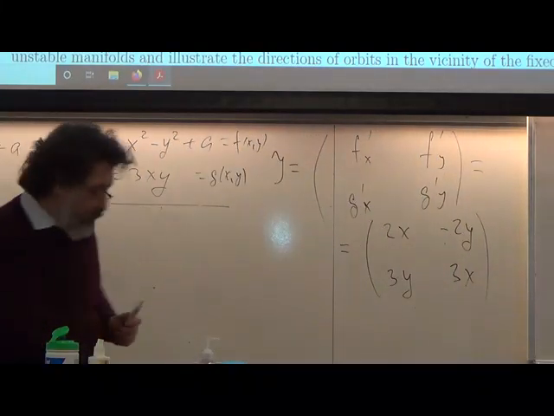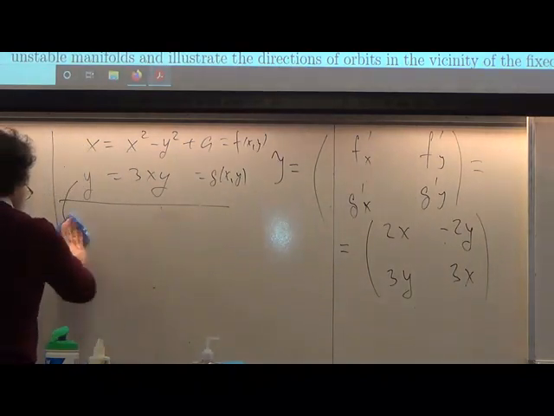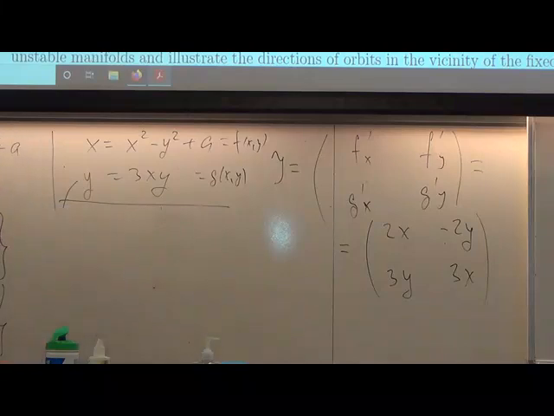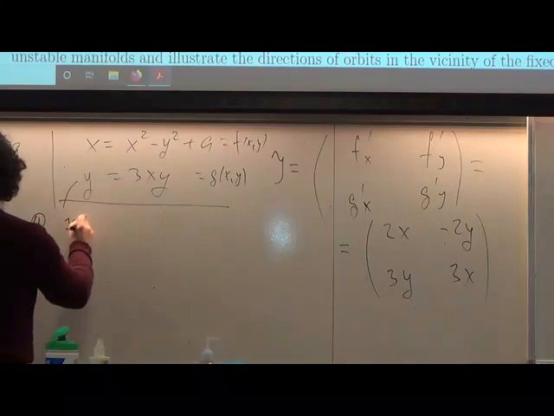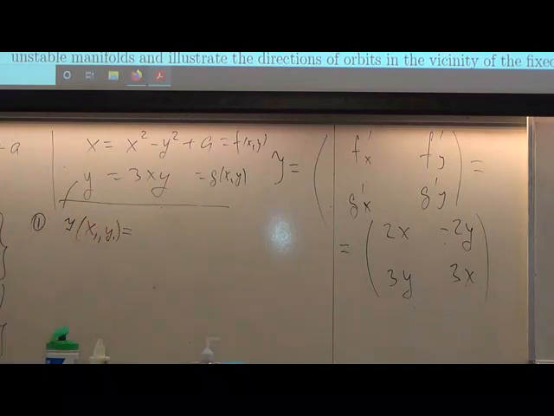And now we will need to find the Jacobian at all of these fixed points and find the eigenvalues of this Jacobian. Let's start with the first one. So the Jacobian at x1, y1 equals, so y is 0, 2x and 3x.